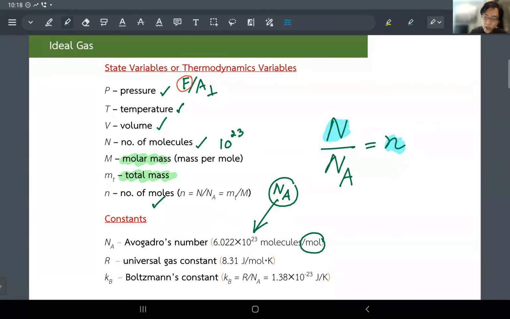The molar mass is just the mass of 1 mole of gas. So it depends on what you want to talk about, but usually we don't talk about the mass of the gas anymore. Maybe because you don't want to weigh it.